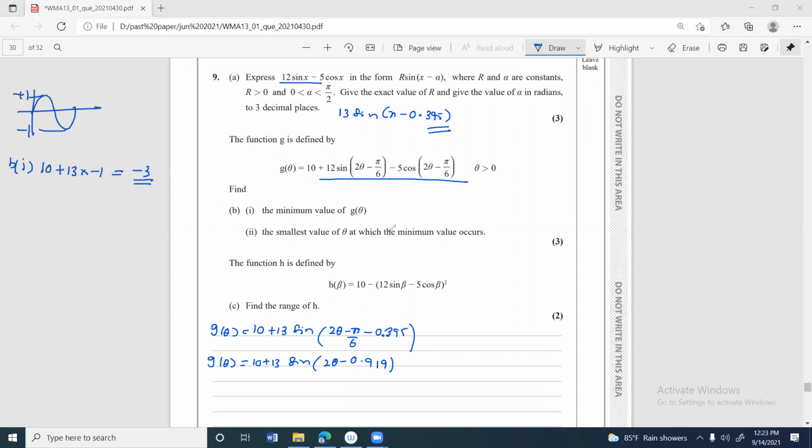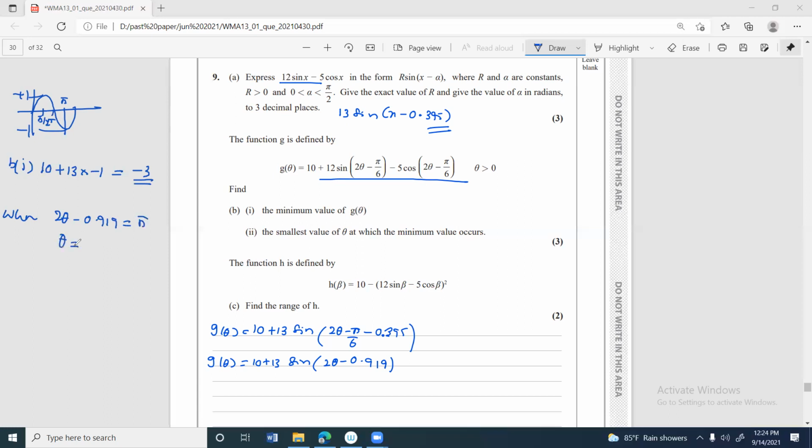The smallest value for theta where the minimum value occurs. You know that the first minimum occurs at where? This is 90, which means pi by 2. This is pi. The first minimum occurs at pi. That means when the angle, what is the angle? 2 theta minus 0.919 is equal to pi only, it happens. With this, you get the answer for theta.